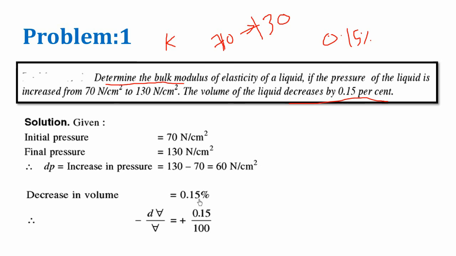So minus dV by V equals, since it is given as a decrease in volume, we already have a minus here, so this is also minus 0.15 because the volume is decreased. So substituting minus of minus 0.15 by 100, we need to remove the percentage, that's why we are dividing by 100. Then that is our volumetric strain.